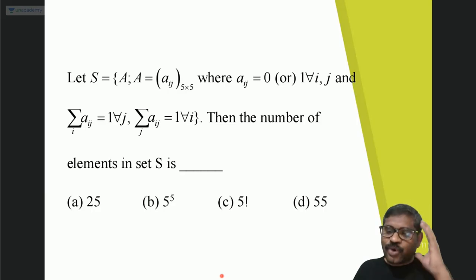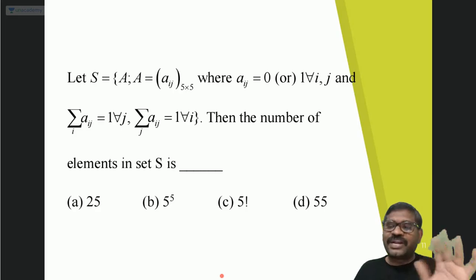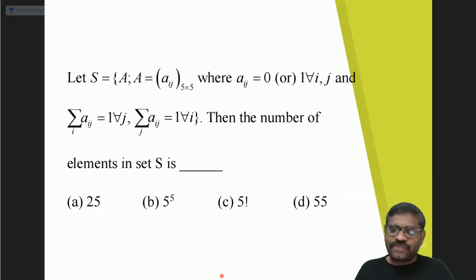How you understand the data is the matter in this problem. First, I am explaining what is given in the data. Whether the answer is 25 or 125 or 625, we can decide later. I'm not interested in the answer. I'm interested in the concept. Okay, concentrate now.